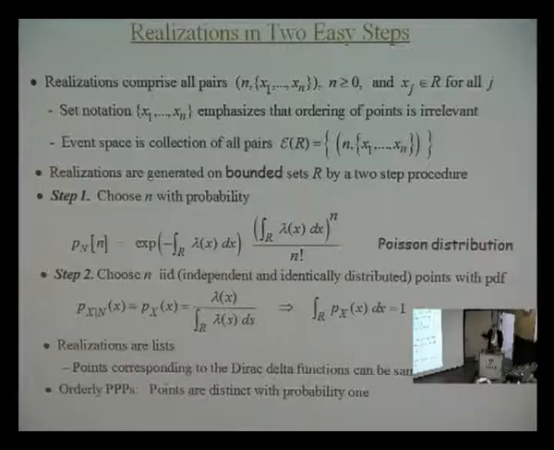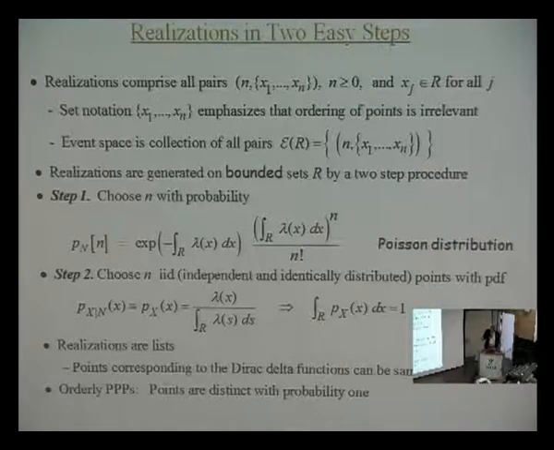So we sample it, and perhaps the mean rate in a particular region is 100. So when you sample it, maybe you'll get 123. Another time you may get 180. And a third time you may get 87. So given that you have, say, 87 points in that realization, where will you put the points themselves? That's the next step.